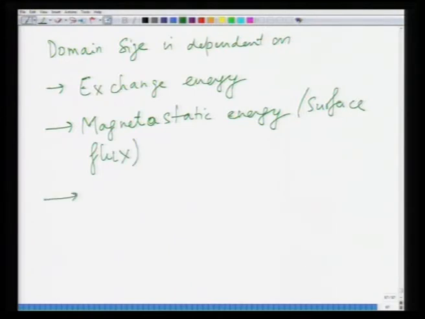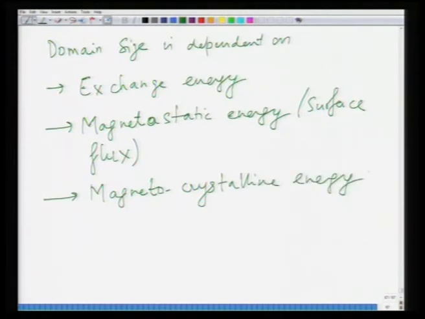And then you can also have magnetocrystalline energy. This energy is due to the coupling of magnetic moments with the crystal lattice. So the direction of magnetic moment is coupled to the lattice, and any change in the lattice structure or parameter forces a change in the magnetization. As a result, hard and easy axes may arise.